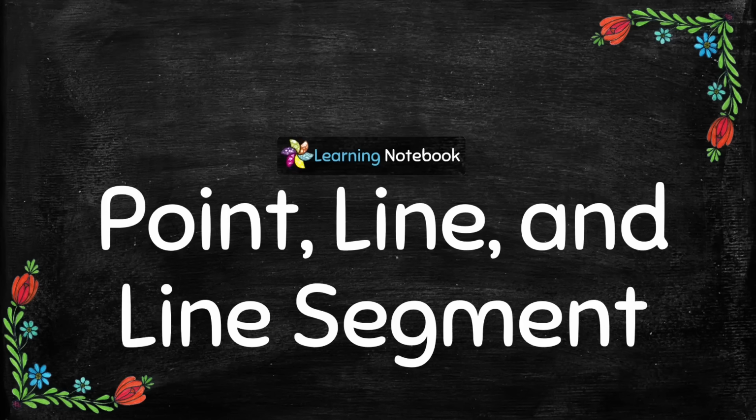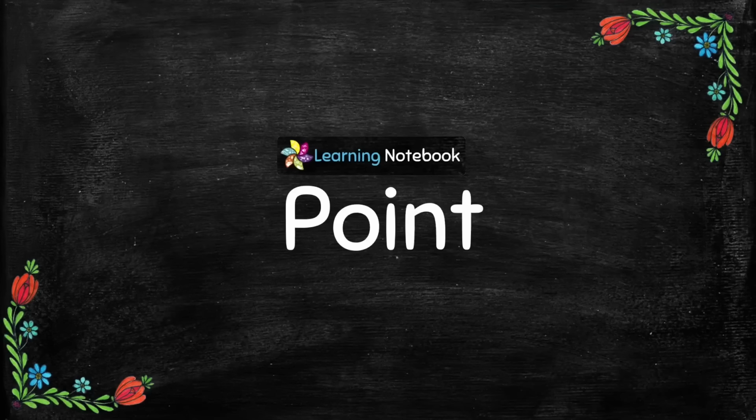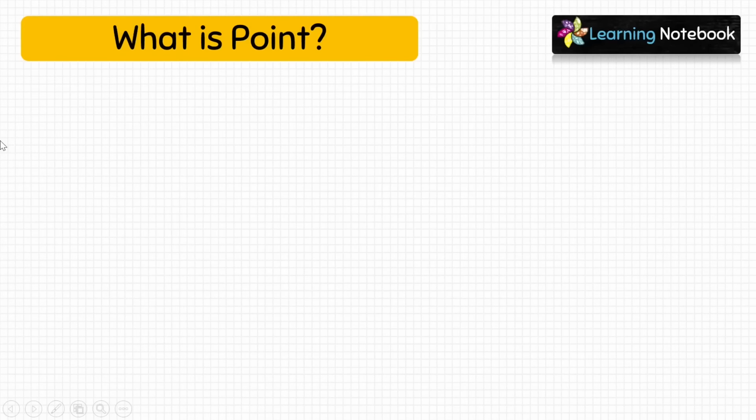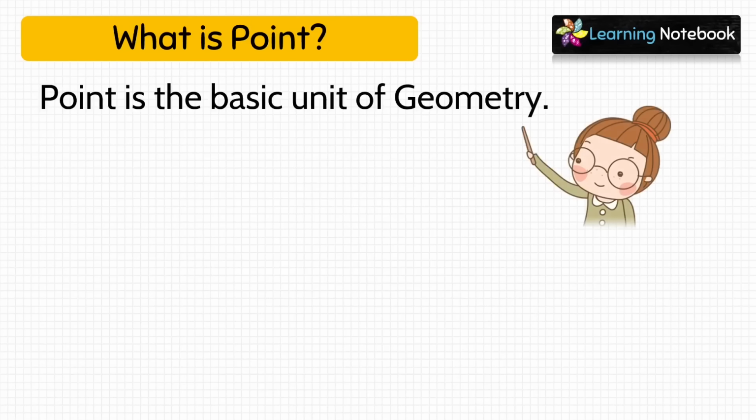So let's start with our first topic, point, line and line segment. First, we will understand what is point. Point is the basic unit of geometry. A point shows an exact location.